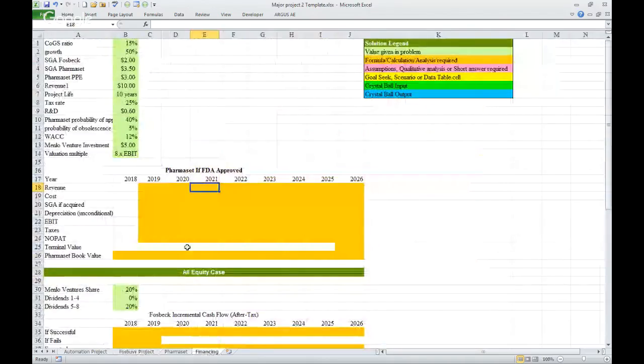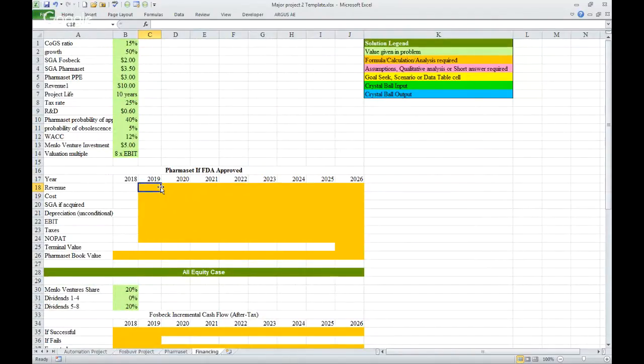But for simplicity, you can ignore this for this part of the project for financing and just assume that revenues are growing at 50% starting from 10 billion.